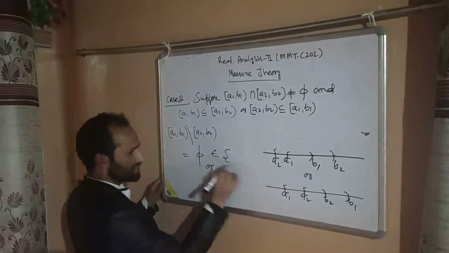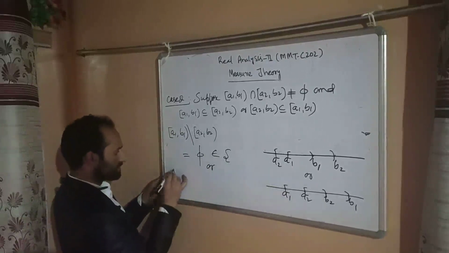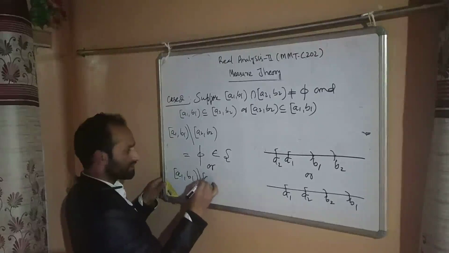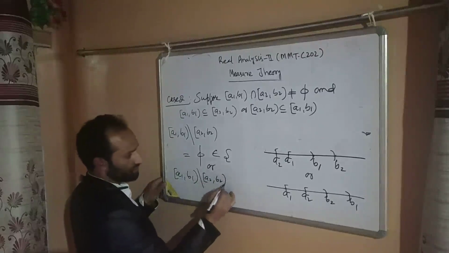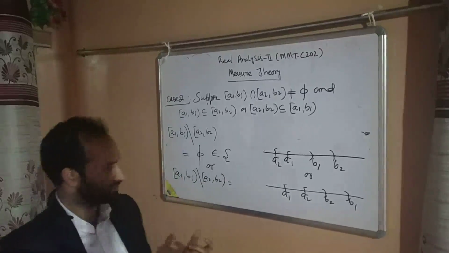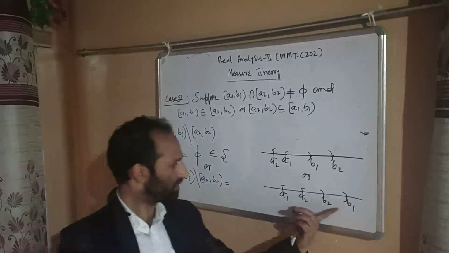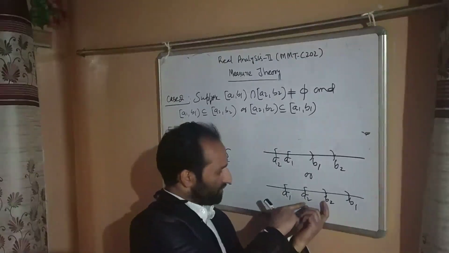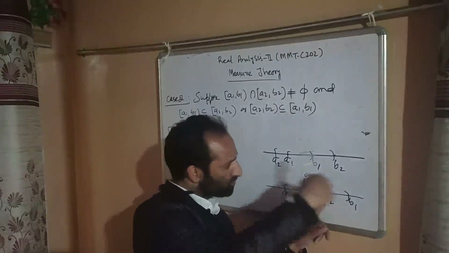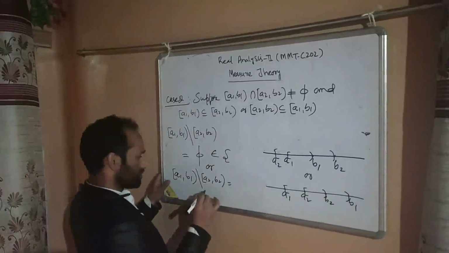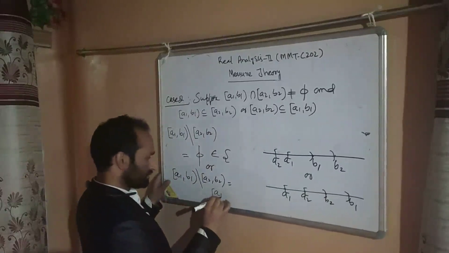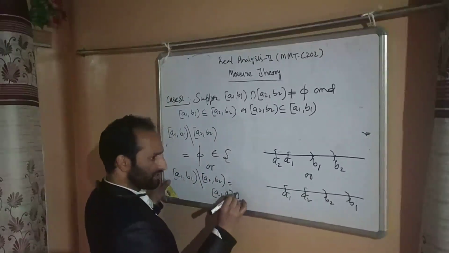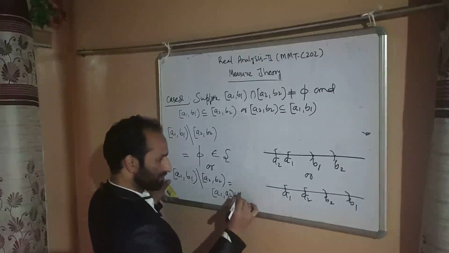Or let's do the other case, A1 B1 minus A2 B2. You have to remove A1 B1 from A2 B2. It's equal to A1 to A2 union B2 to B1.